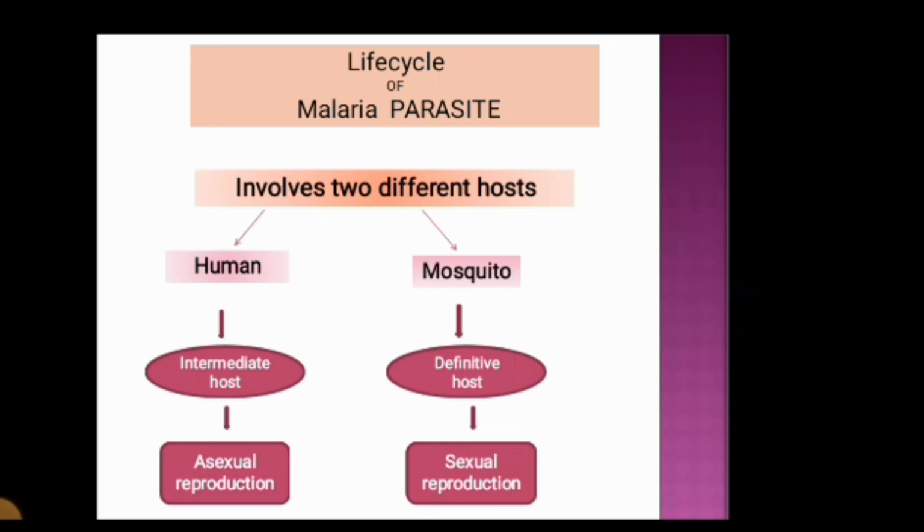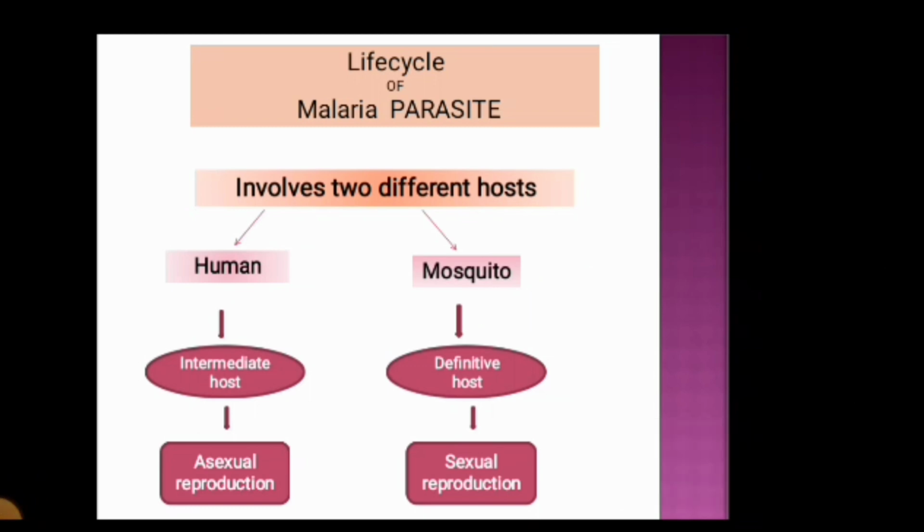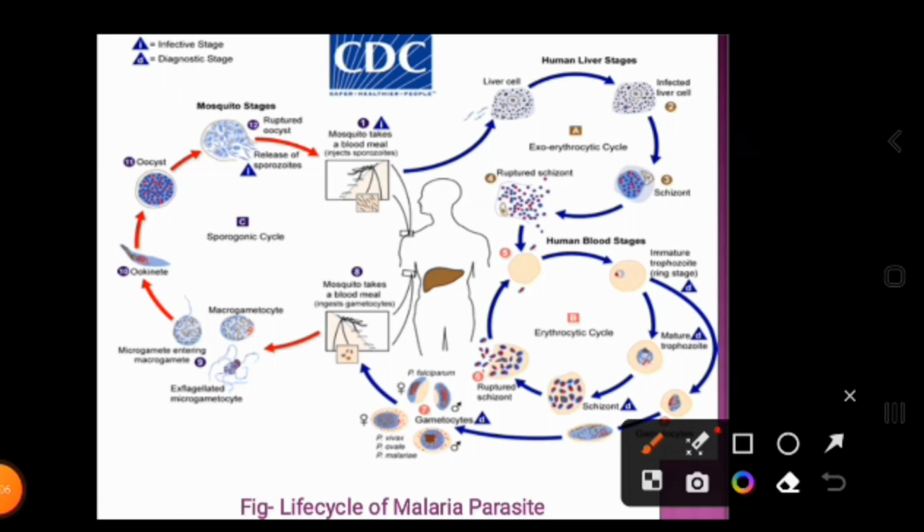So some stages of the life cycle occur in humans and some stages occur in the mosquito. Here the diagram of the life cycle of the malaria parasite is given. The source is the CDC, Centers for Disease Control.